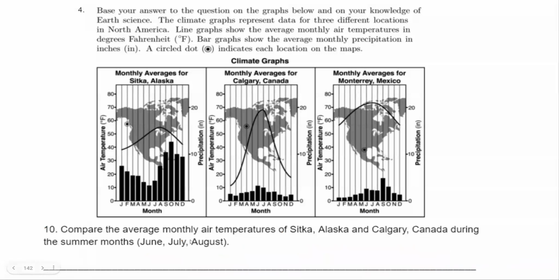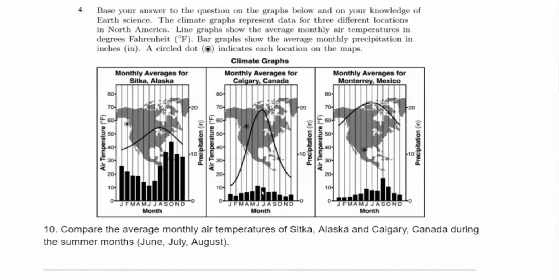10. Compare the average monthly air temperatures of Sitka, Alaska and Calgary, Canada during the summer months, June, July, August. So I'm looking at the air temperatures one more time, but I'm comparing these 2 locations and I'm only looking at the months of June, July, and August. In June, July, August for Sitka, Alaska, my air temperature is close to 45, 50 if I look at just the air temperature line.